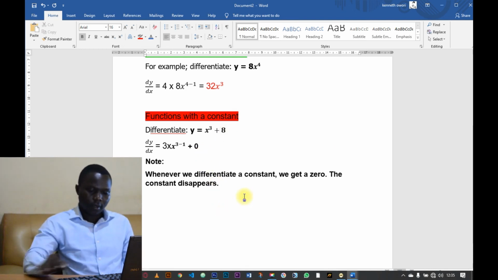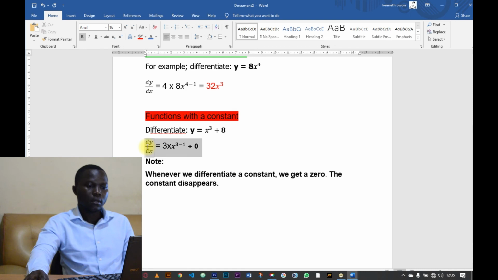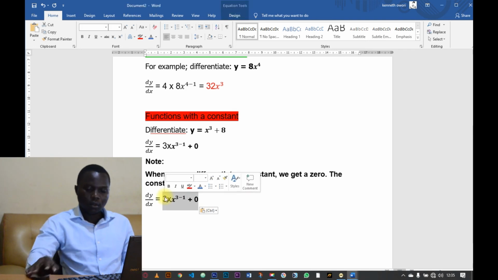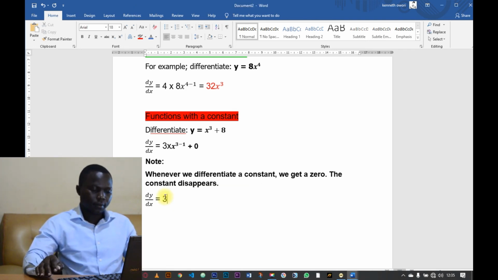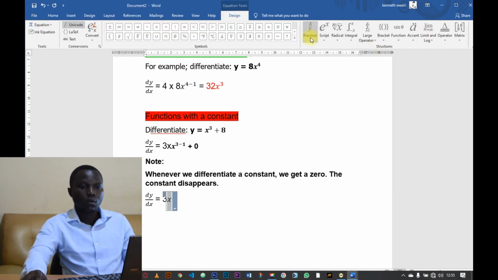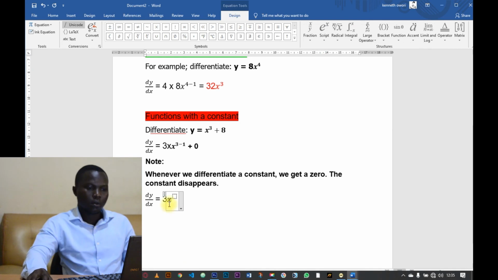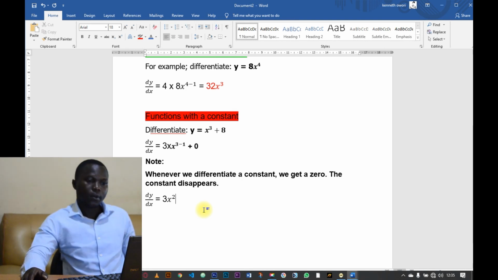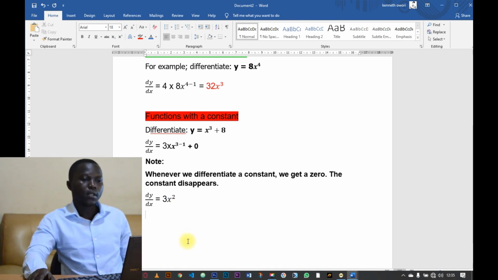So in other words, our derivative would be 3x power 2, and that would be the derivative whenever we differentiate a function with a constant.